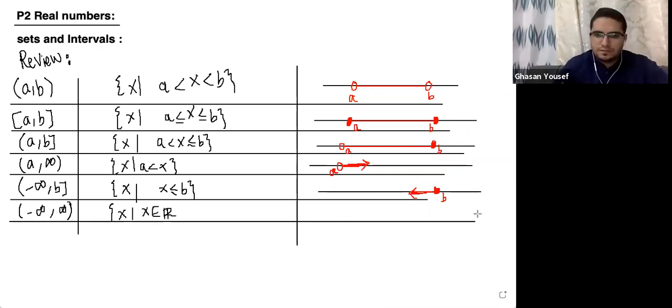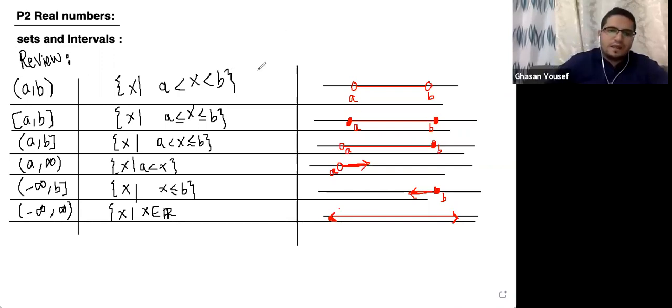Again, here is the line, and for that, all values, the line, with arrows on this side and the other side.